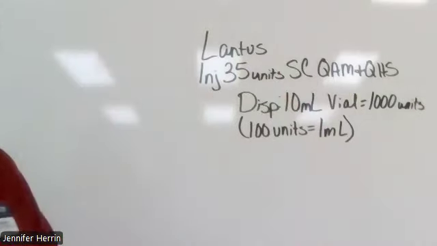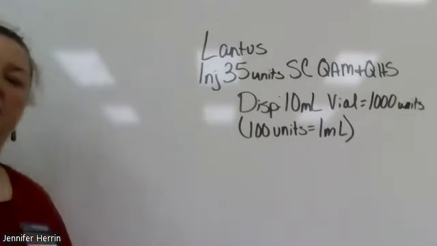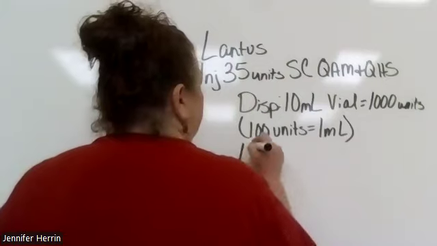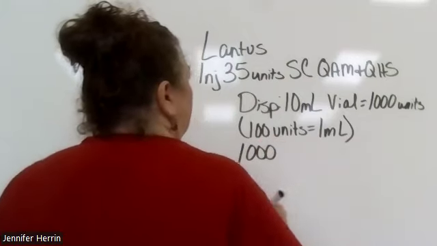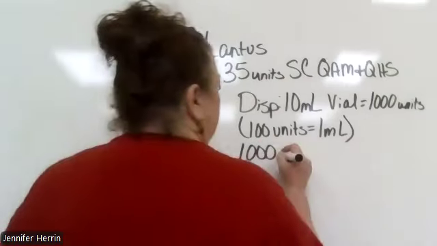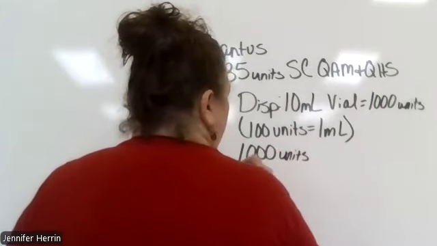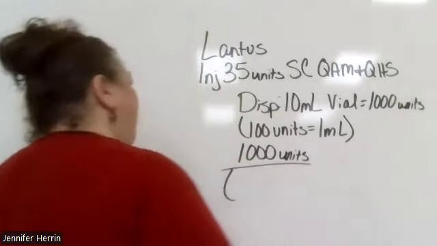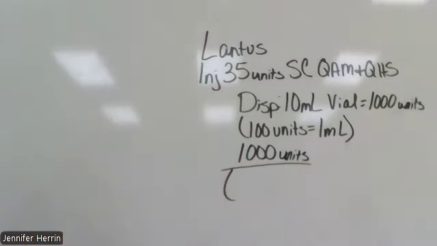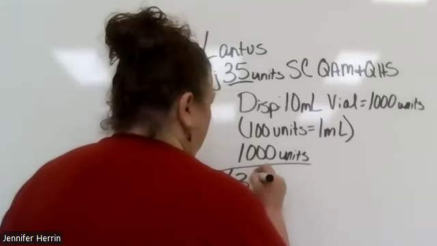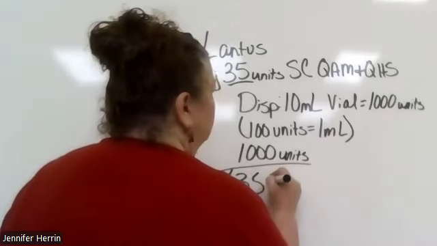Just going to add that little notation for our educational purposes. So we're going to start with our total quantity in the same units as our dose. And we're going to divide that by our dose, which in this case is 35 units, times my frequency.